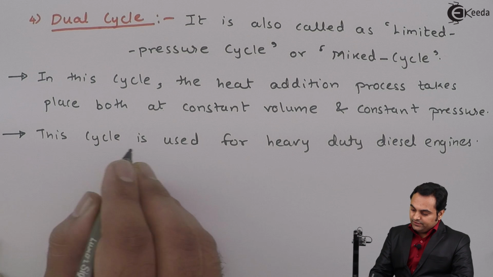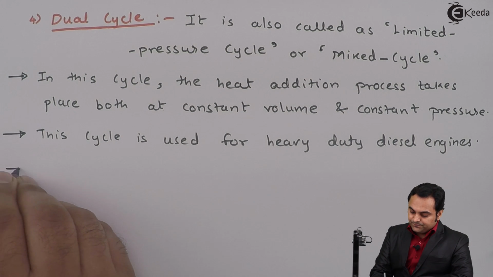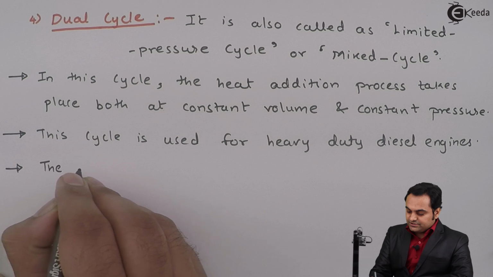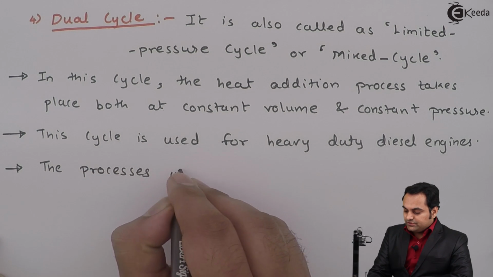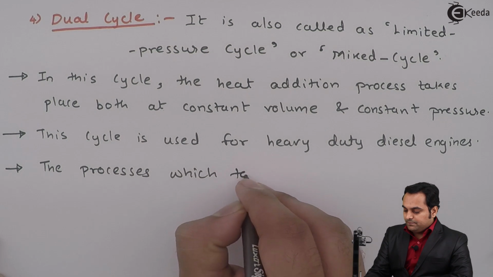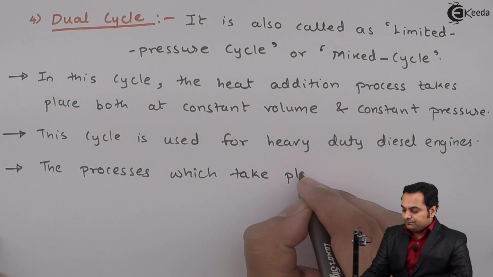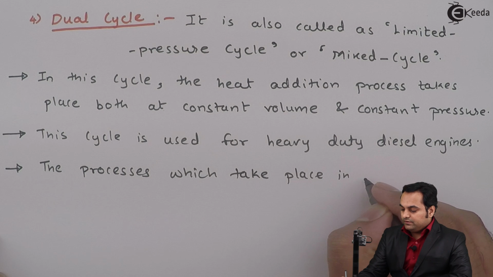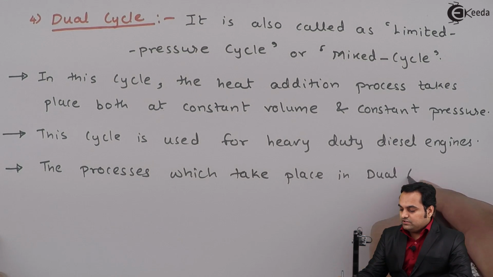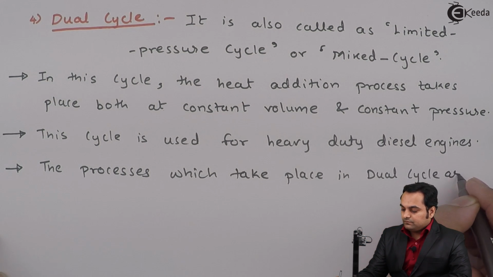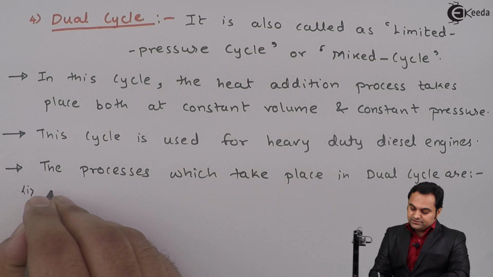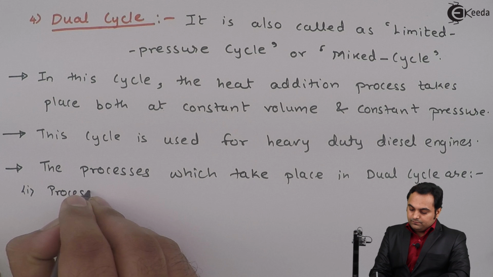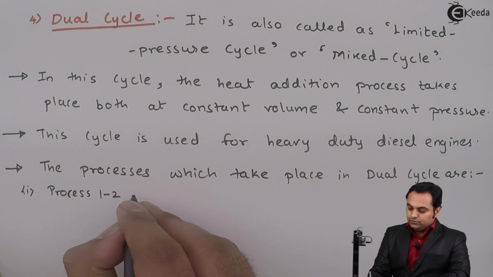Next, here I write down the processes which take place in dual cycle. Now the first process is process 1 to 2.